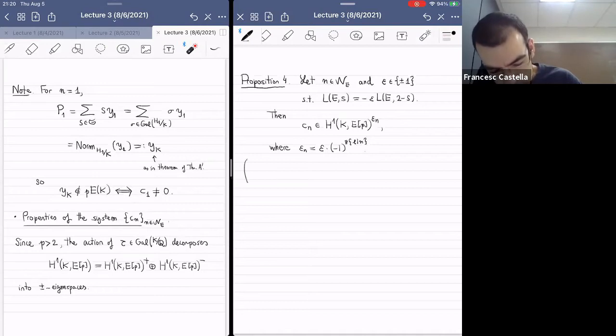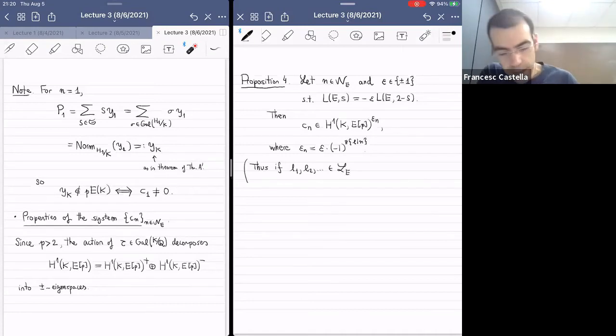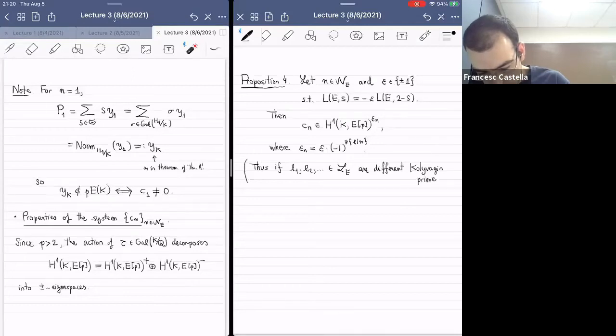Okay, so this will be used next time, so let me make this a necessary remark, but let me do it nonetheless. If we take different Kolyvagin primes, we have the class C_1, which is the Heegner point y_K, as we just saw.